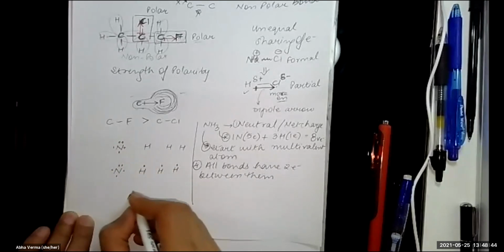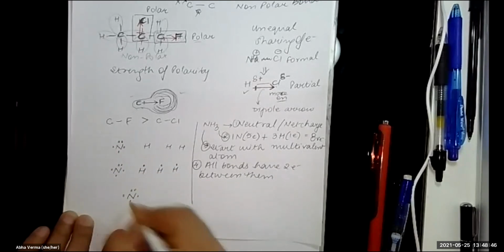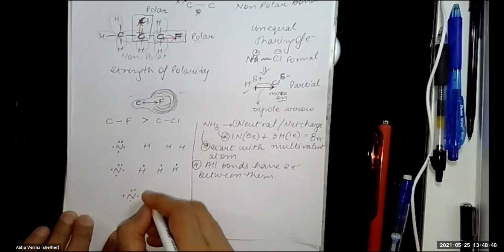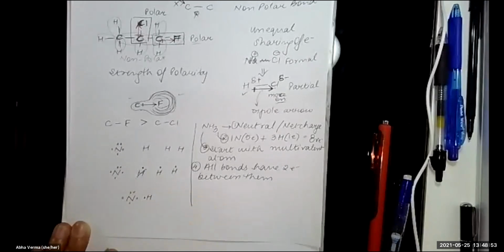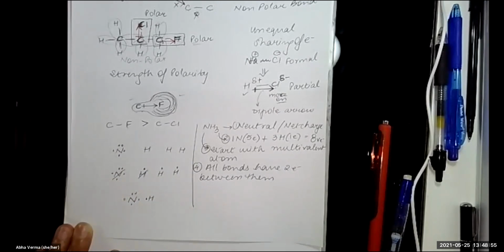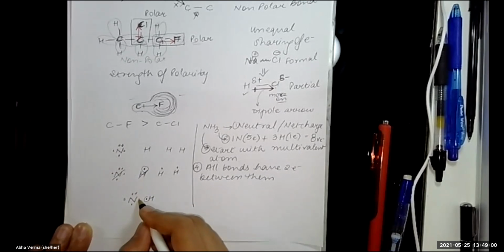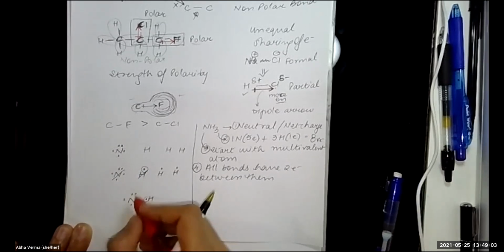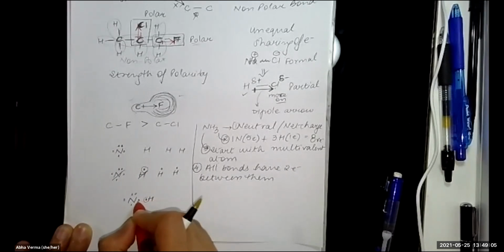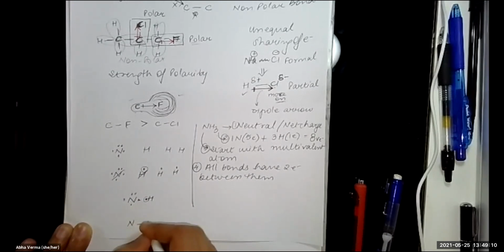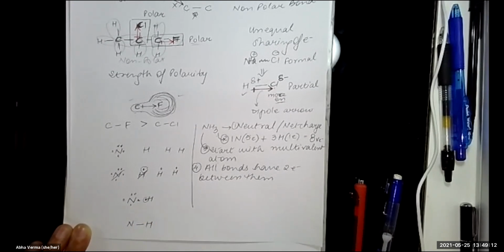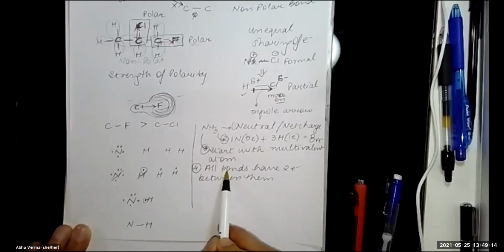I will redraw my central atom and then write hydrogen. I'm consuming one of these hydrogens from here and writing its electron next to the nitrogen. What would this do? It is going to make a bond right here. So one bond has 2 electrons between them.